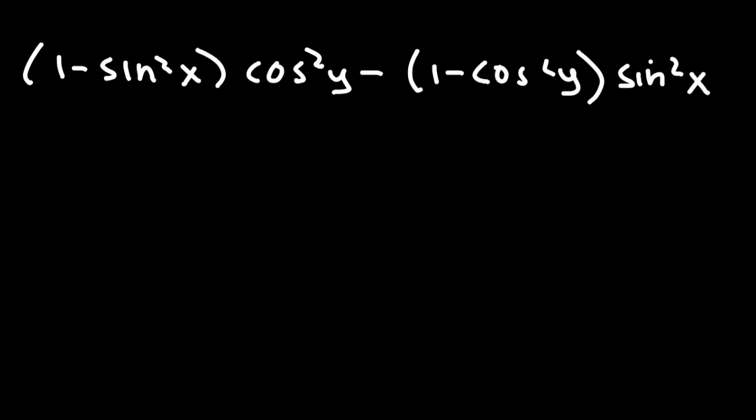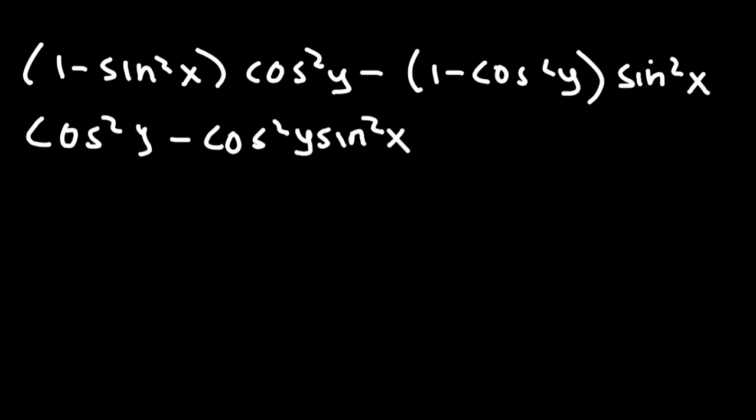Now let us just try to expand. Cos squared y times 1 is cos squared y. And cos squared y times negative sine squared x is negative cos squared y sine squared x.